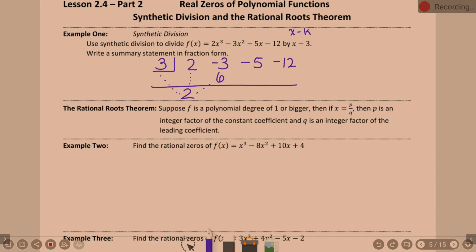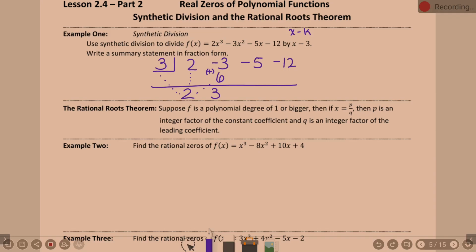Then after we multiply, we're going to add. And that's the thing, this is different from long division, right? So it's multiply and add. Multiply, add. Multiply, add. Negative 3 plus 6 is 3. I don't usually put the add sign in there, but that's what we're doing. Then repeat the process.